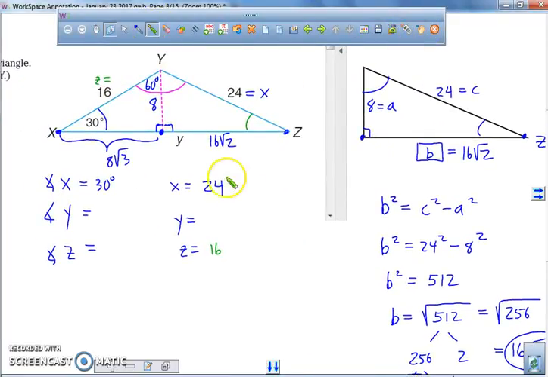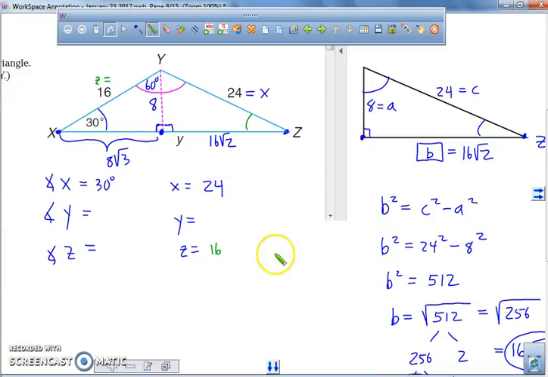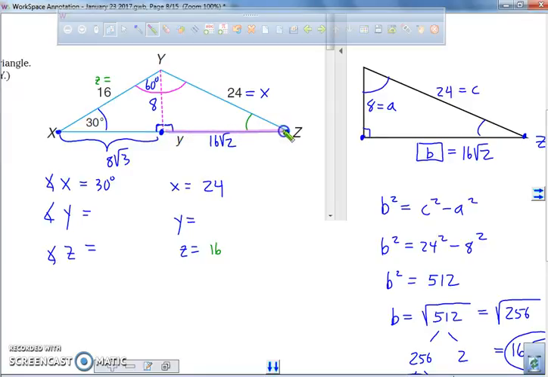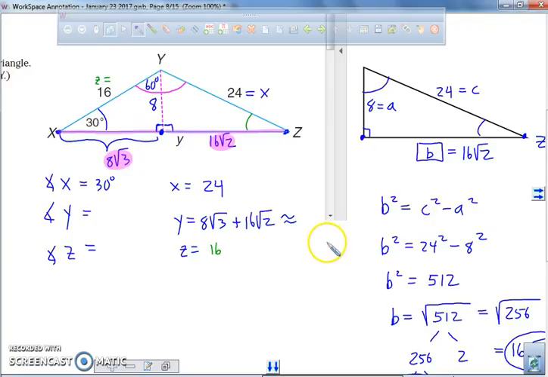I'm going to highlight some things. Hopefully this will make sense to you. The distance from here to right there is 16 radical 2. And the distance from here to here is 8 radical 3. The distance all the way across is 8 radical 3 plus 16 radical 2. That's the exact distance. But you can type that in the graphing calculator and get the approximate value.